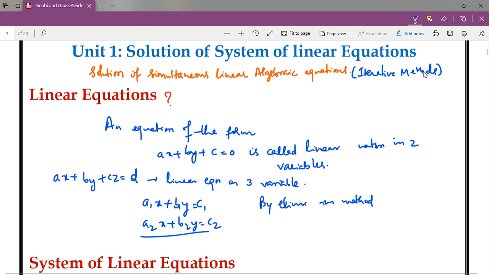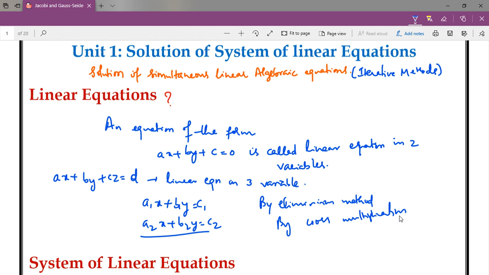So there are several methods to solve linear equations in two variables that we have studied in previous classes.